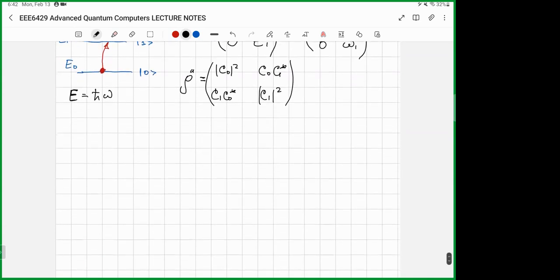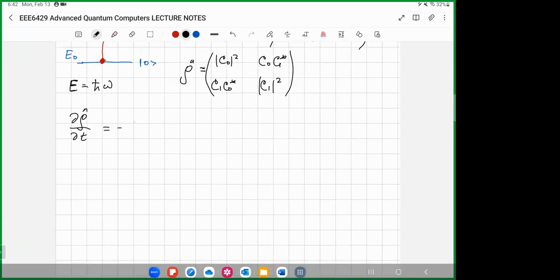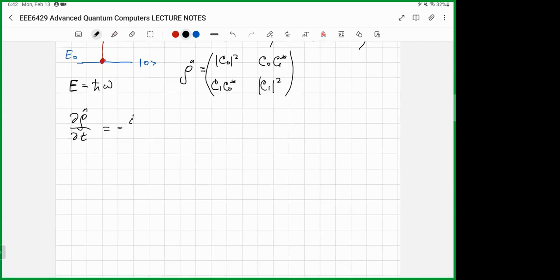Okay, so now let's write down this von Neumann equation once again. So it is simply minus i over h bar, then the commutator of the Hamiltonian and rho.